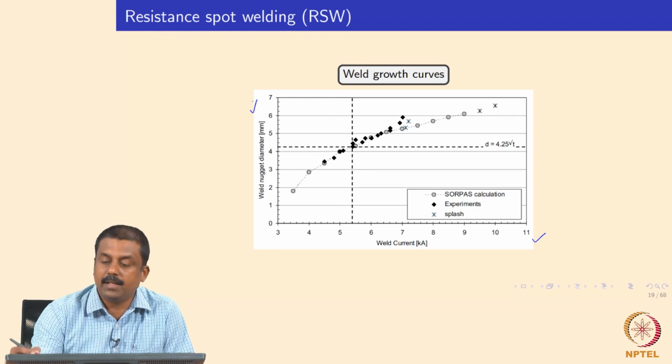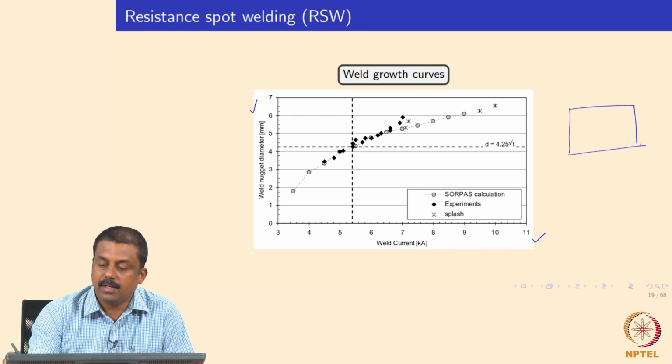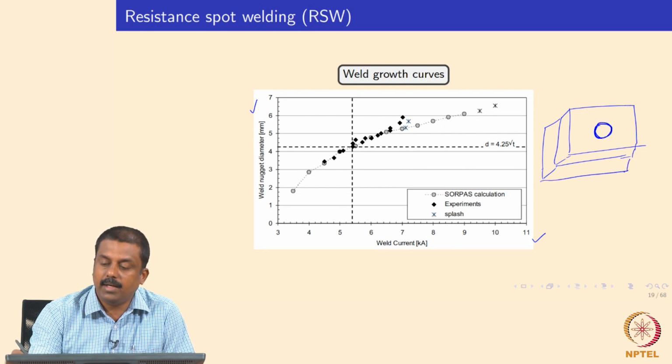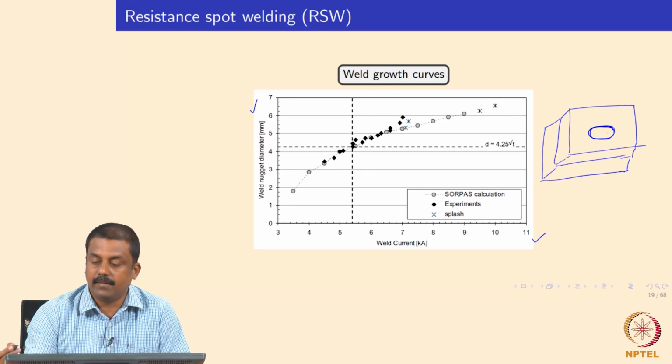For example, if we have sheets in an overlap configuration, we have two sheets, one on top of the other, and you make a weld at the middle of the plates. So, it is actually going through the two sheets. If the weld nugget forms an elliptical shape, it can be elliptical or even circular.